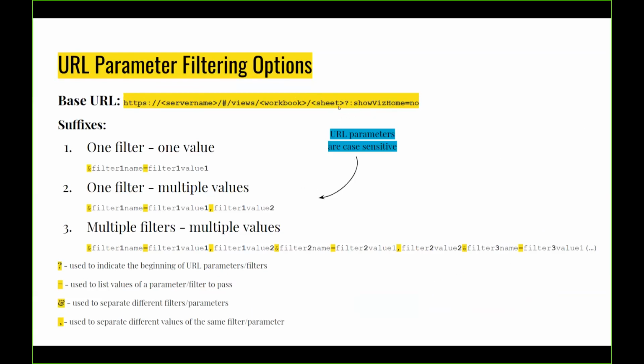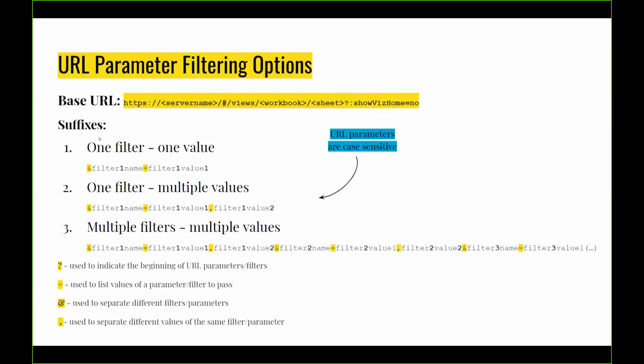And once you have that URL, we just have to add the question mark, which indicates the beginning of URL parameters, so beginning of additional criteria that you can use to kind of adjust the view that you will be showing your users. So this show home equals no part is something that we'll look into in a second as well. But basically this ensures that Tableau interface details are hidden.